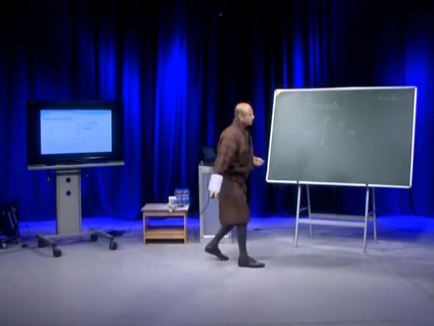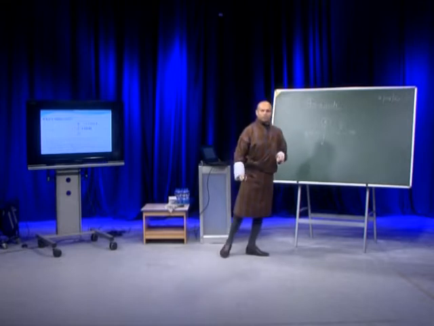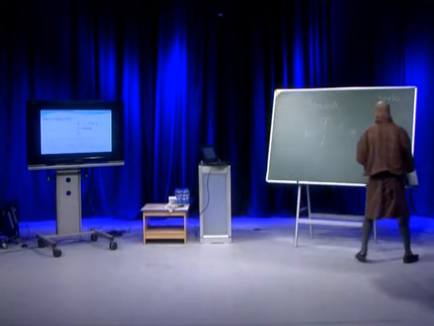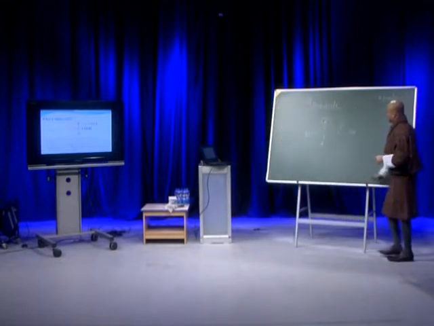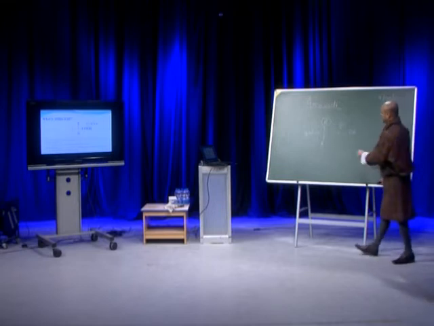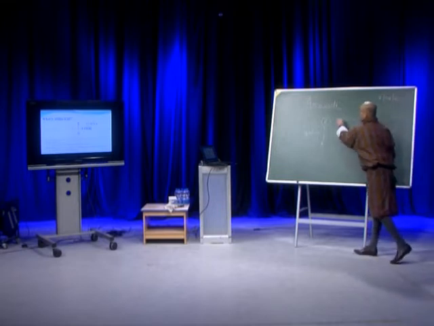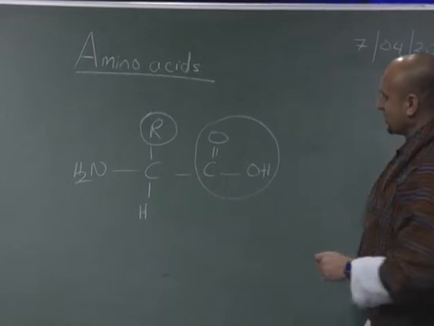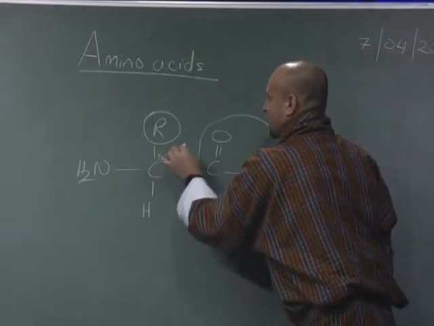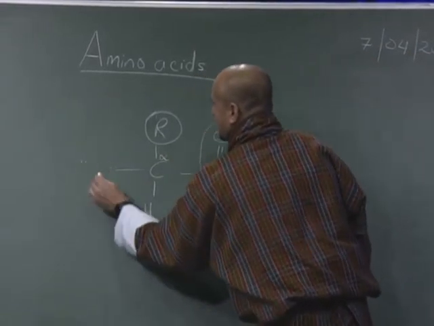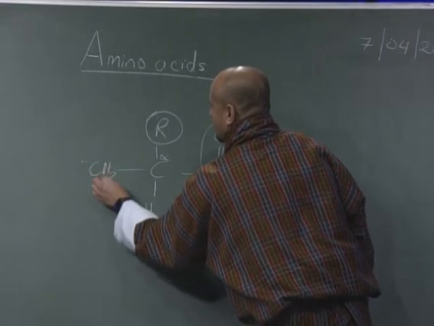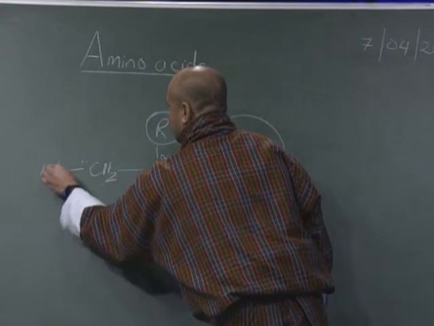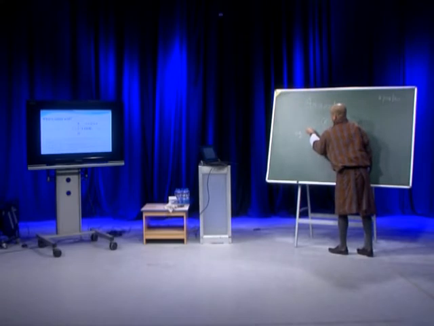Let me explain a little bit about alpha, beta, and gamma. When we assign alpha, beta, gamma, suppose I am writing this as alpha, because this is our main functional group, and this carbon is directly attached to the functional group. Therefore, we write this one as alpha. In case you have another CH2, and then here we have the amine group, then this will be our beta.